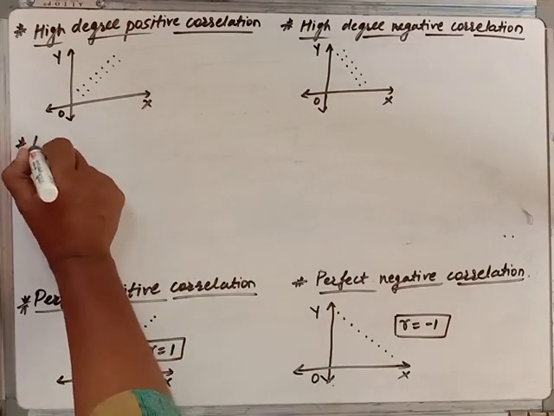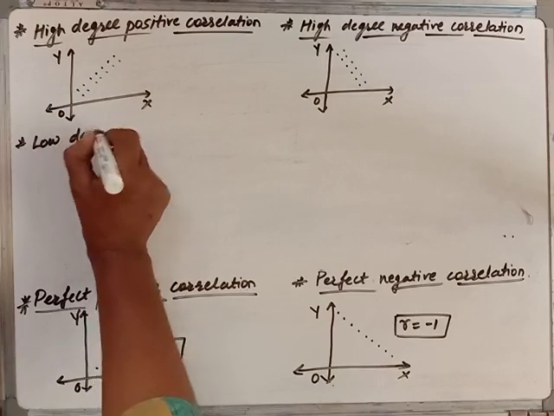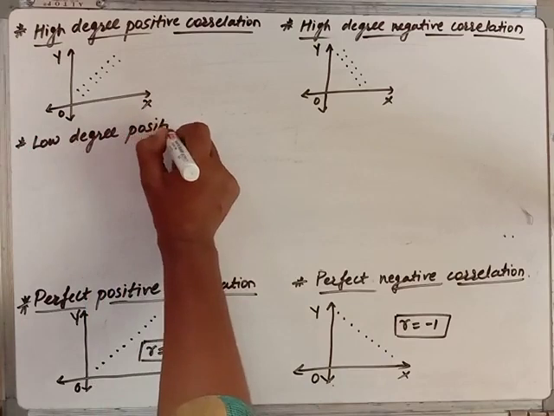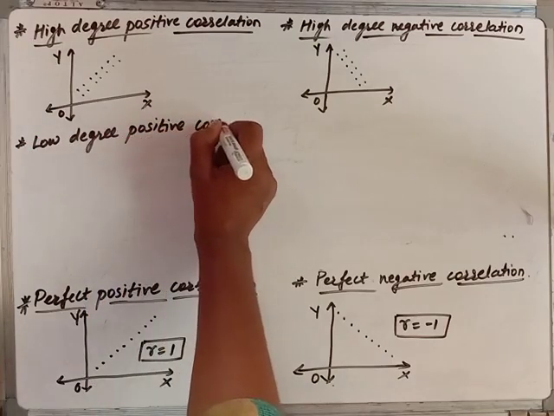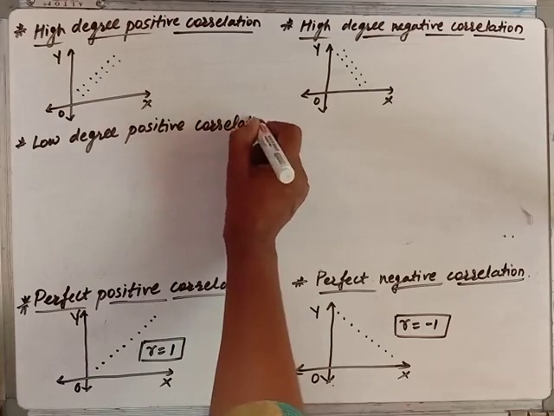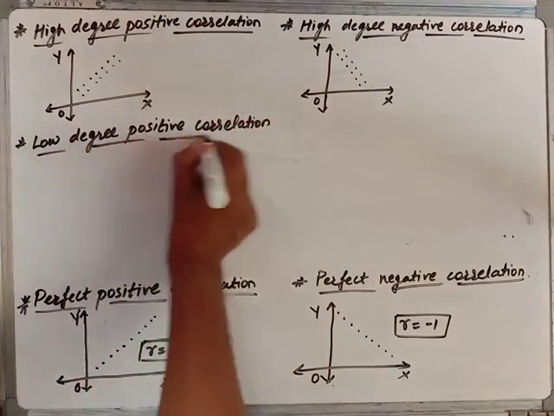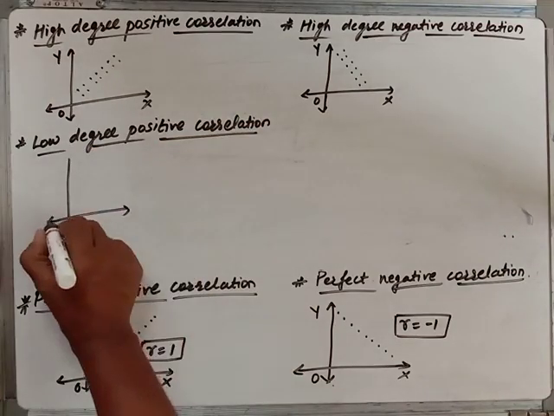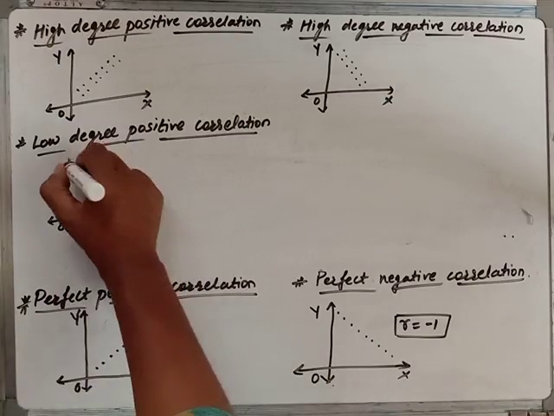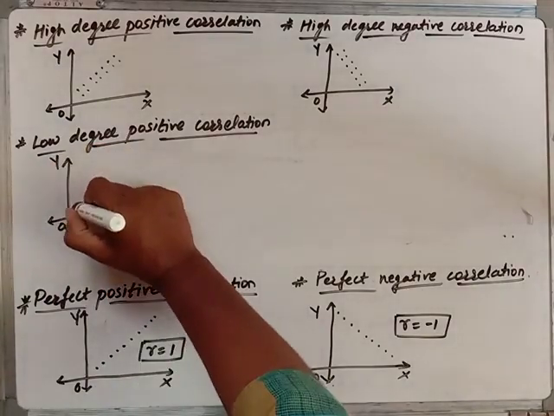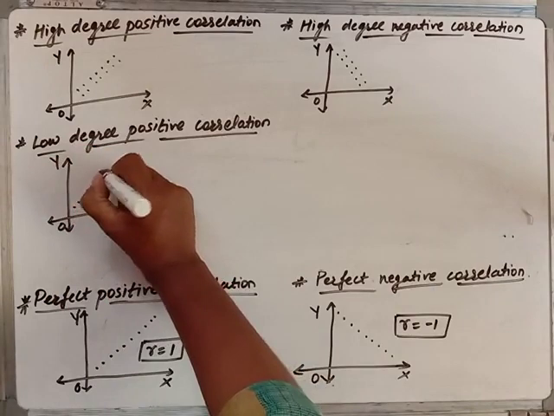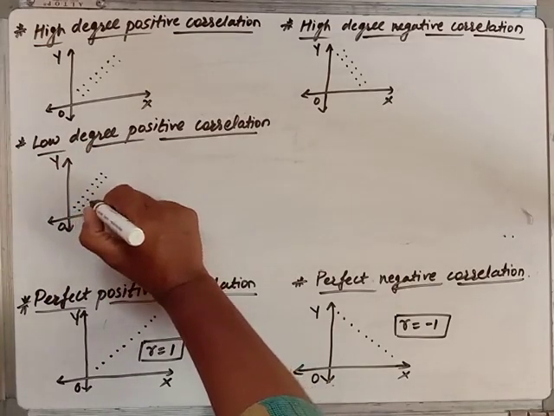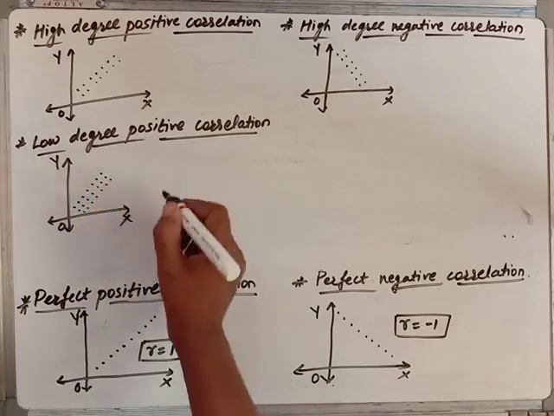The next, low degree positive correlation. Then how does this look? It will be as such.